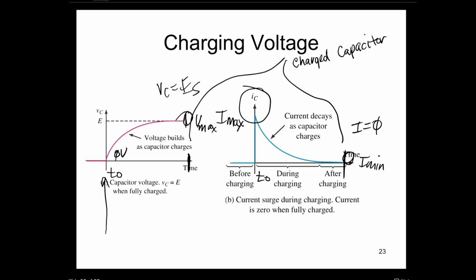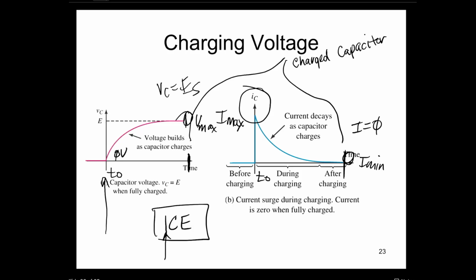Really, what are we pulling from this? Well, we can see the current is the first to reach maximum and the voltage comes later. So that allows us to support what we said was the voltage-current relationship for a capacitor.